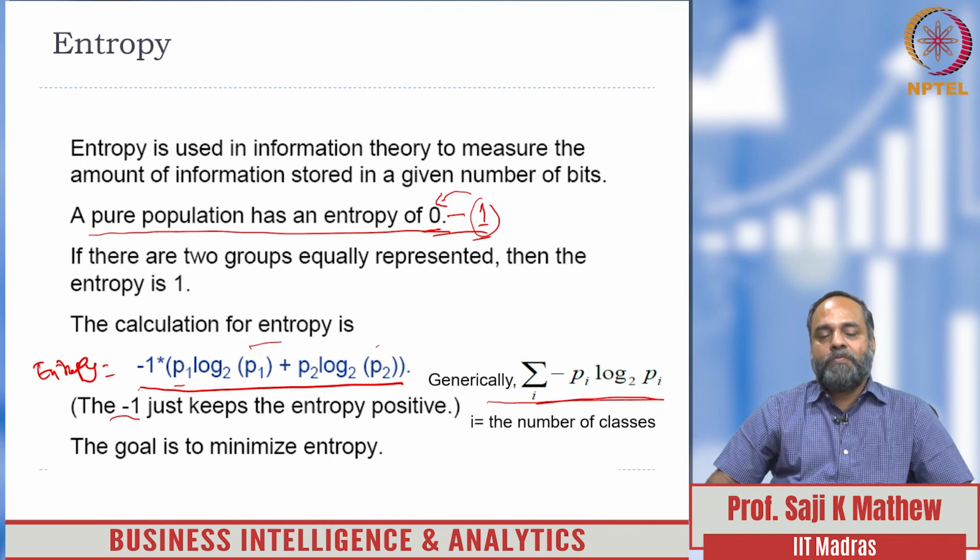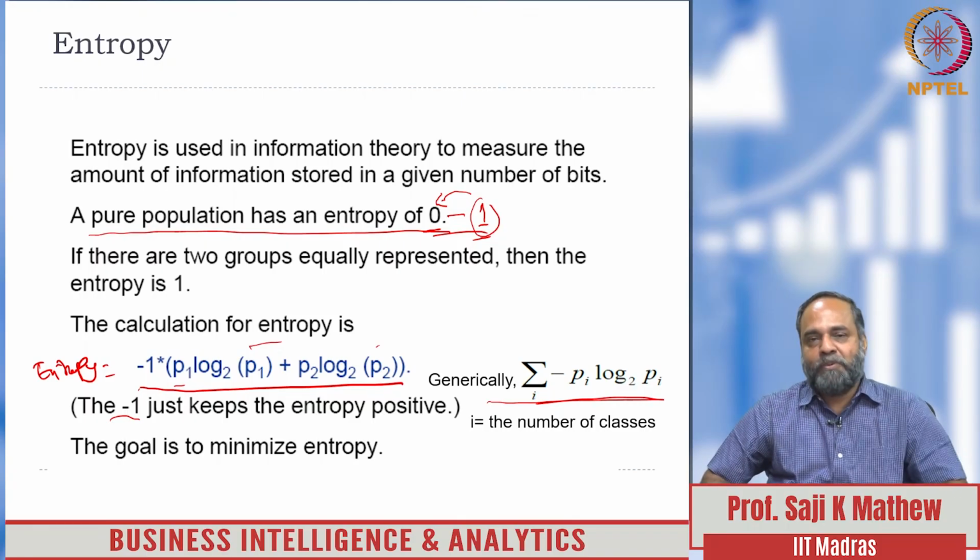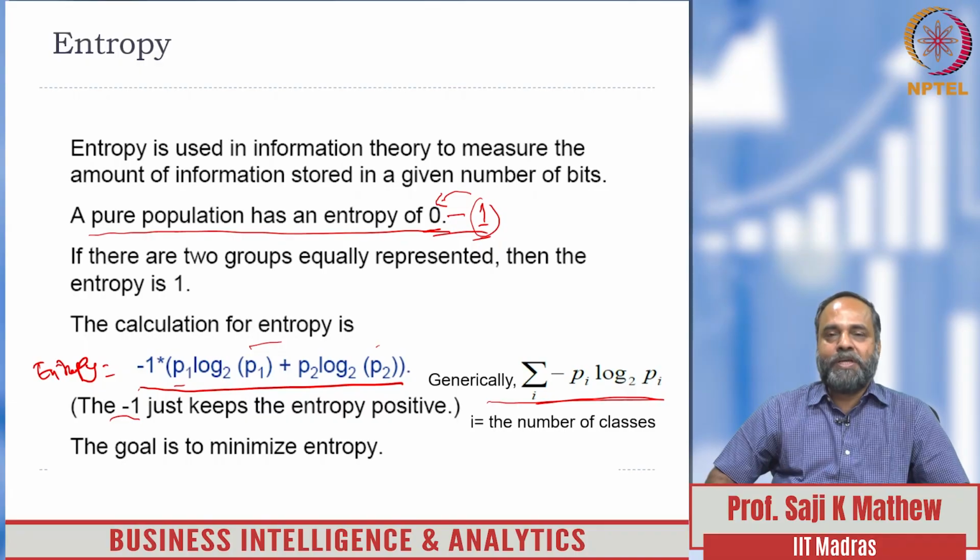So, we have discussed two such measures, Gini score and entropy, which are widely used for calculating impurity or purity. They are actually scales of impurity, and therefore, as I said, if you have to look at purity, you have to look at it inversely, and therefore, I made a confusion here, sorry about it.